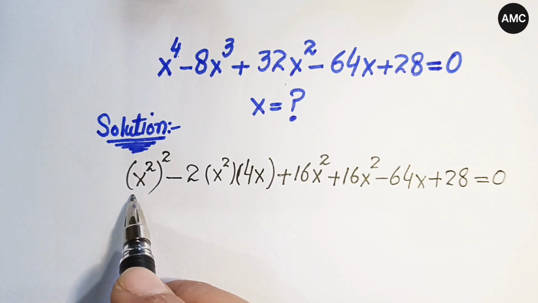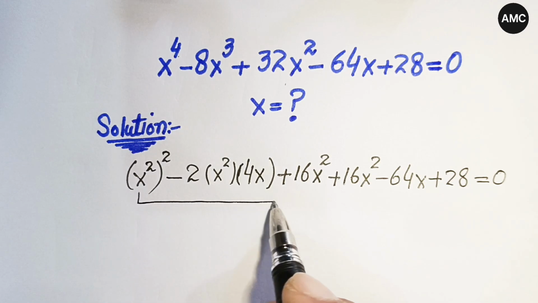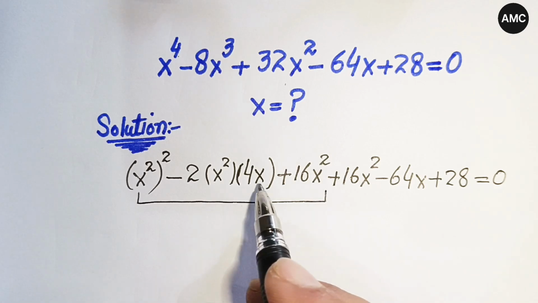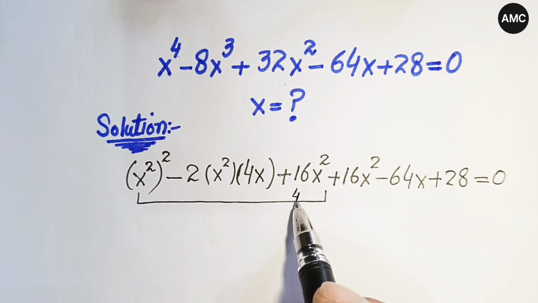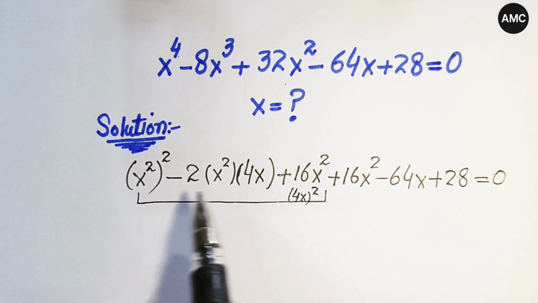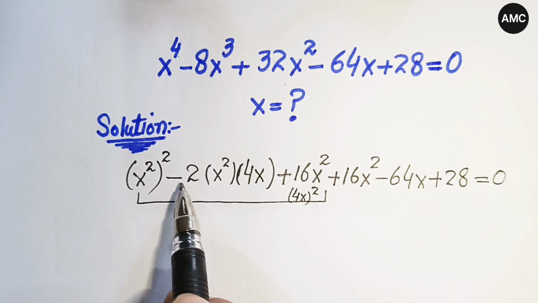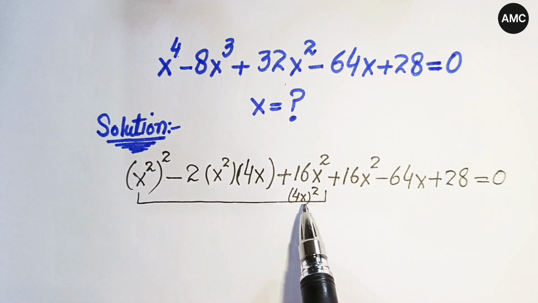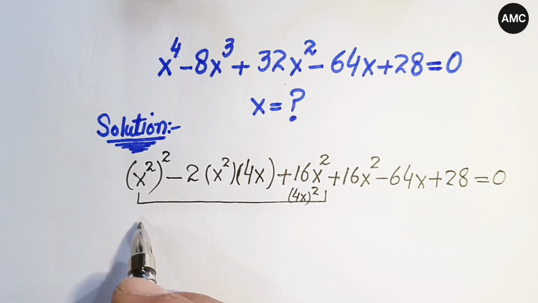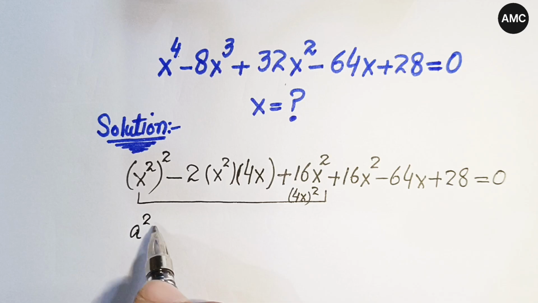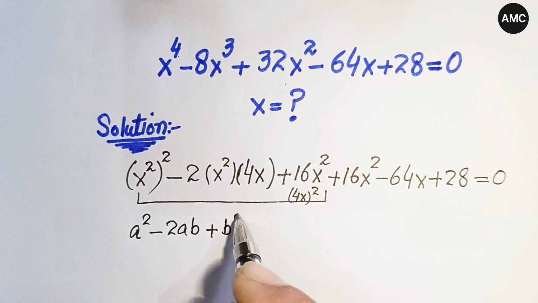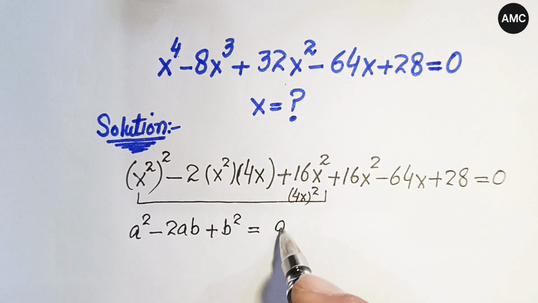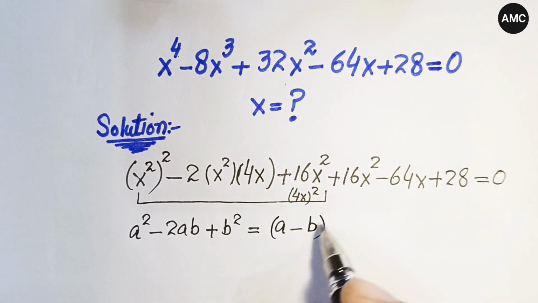So here we see x squared minus 2 times x squared times 4 times x plus 16x squared. 16x squared is actually 4x squared whole squared. So we see that it is our a squared minus 2 times a times b plus b squared. So we have a nice algebraic formula, that a squared minus 2ab plus b squared is equal to a minus b whole squared.